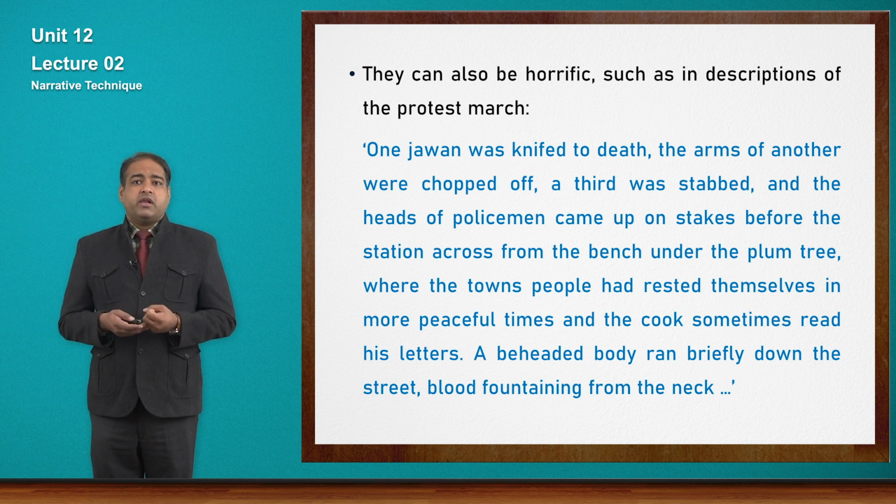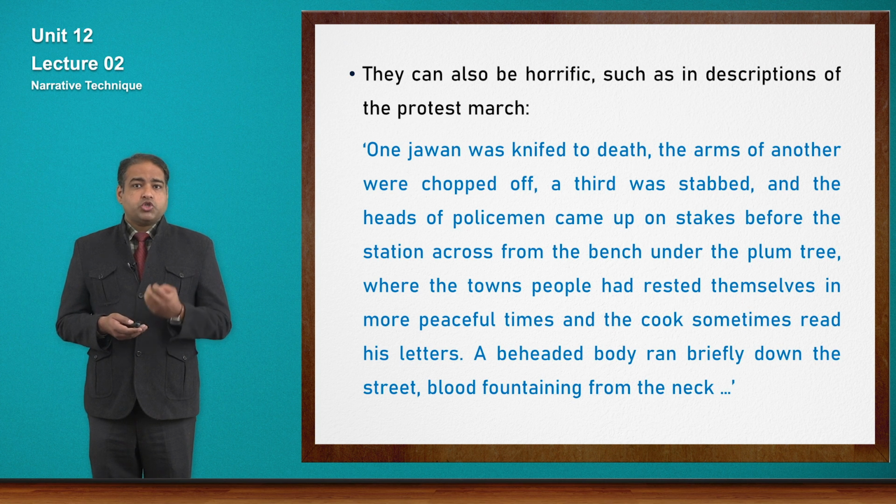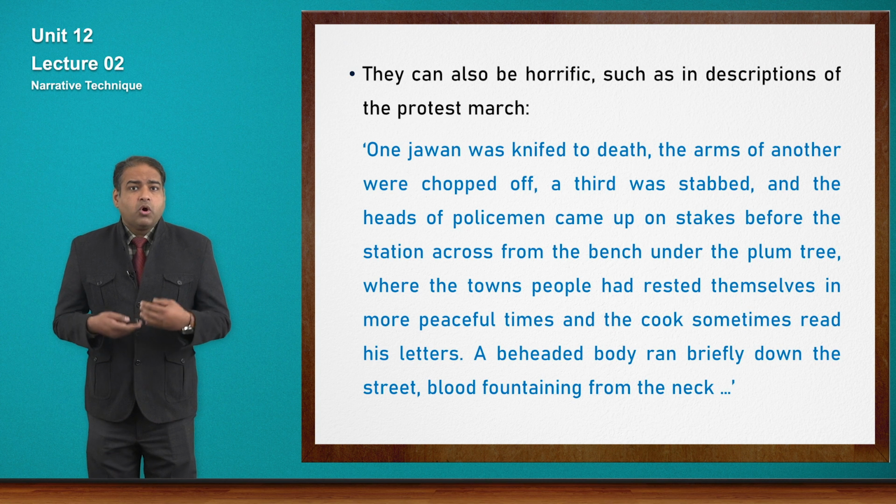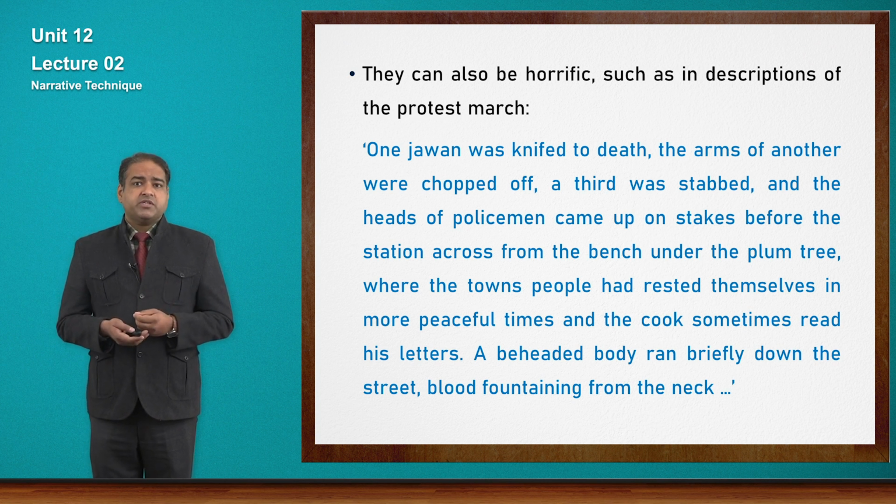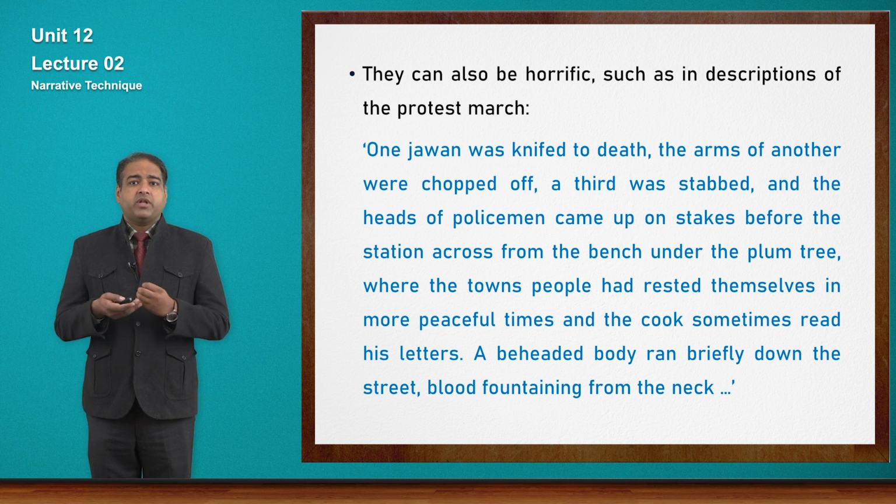Then another Jawan was chopped off by the revolutionists, by the people who were supporting the movement. They killed and stabbed many policemen, and with all these examples, the writer is also trying to talk about the bench under the plum tree where the townspeople had rested themselves in more peaceful times, and the cook sometimes read his letters.